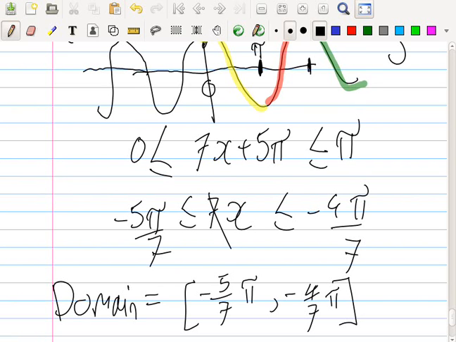So I would recommend you do at least one of each type in number 3. So like for example, A, B, C, H, J, and P. One of each type of function, okay?